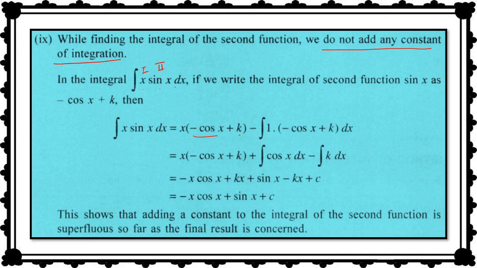And if we add k here, students, k is some constant, we will take it outside and integrate like this. So what will be the integral? Kx, which will be wrong, right? So we add the constant c in the last step only.